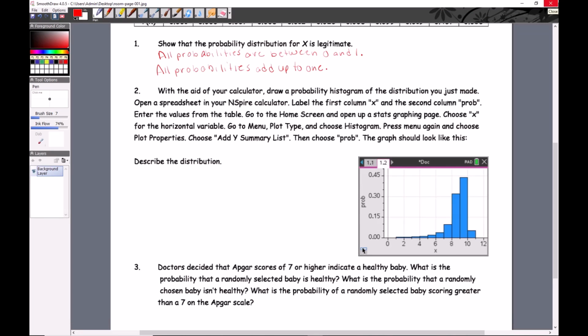So let's just say, describing the distribution, we can just go ahead and say that the distribution, or the histogram, is skewed to the left.